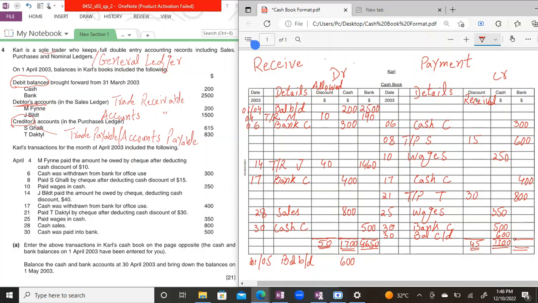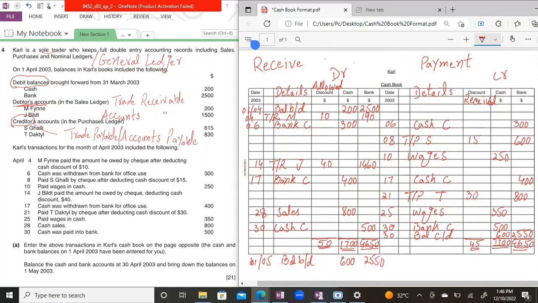Again, both sides must be equal. 4,650. Now this 4,650 minus 300 minus 600 minus 400 minus 800, and your difference will be 2,550. It means that this much amount is available with the bank.